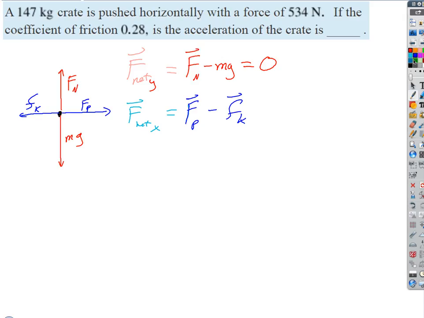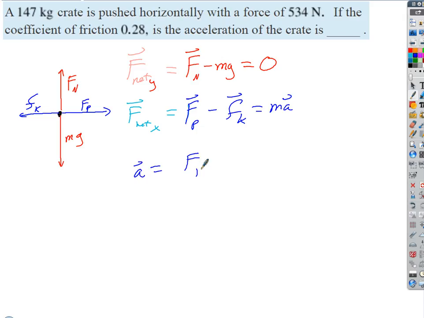And what's that equal to? ma. Good. So if we're trying to solve for a, what's the only thing we have to do to get the a by itself? Divide by m. Okay, so then the second equation of motion is going to give us this.